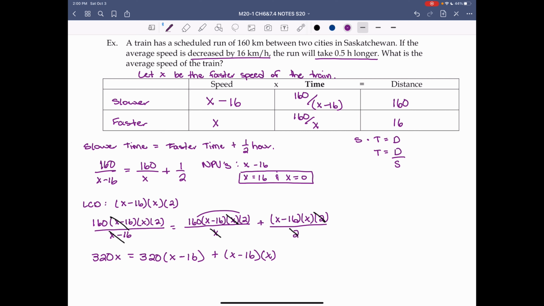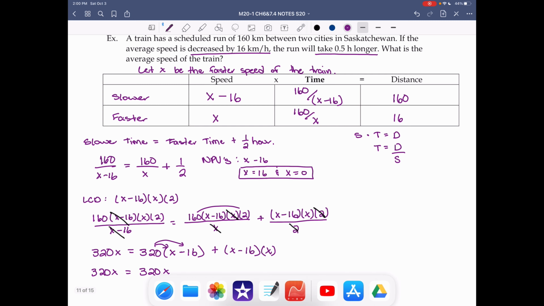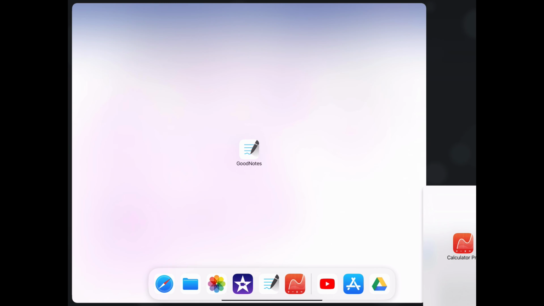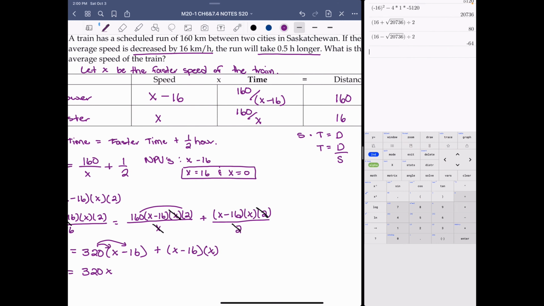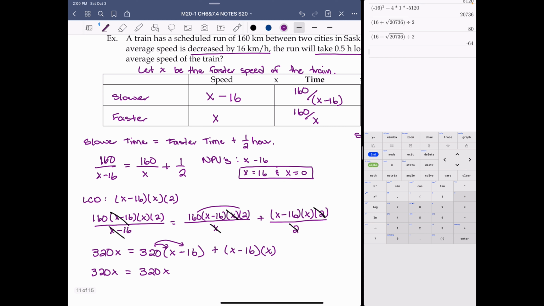Let's simplify. 320x equals 320 times x and then times negative 16. 320 times negative 16 gives us negative 5,120.